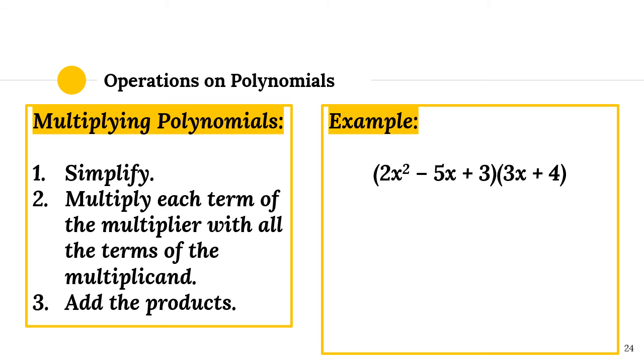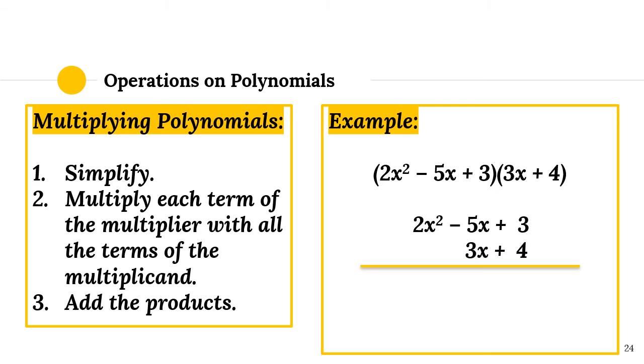Write them in the same format that we did for the addition and the subtraction. First is the first polynomial, this one. Second is, we're not going to align the like terms, we're just going to write the second polynomial on the second line, aligning it to the right, like this one.